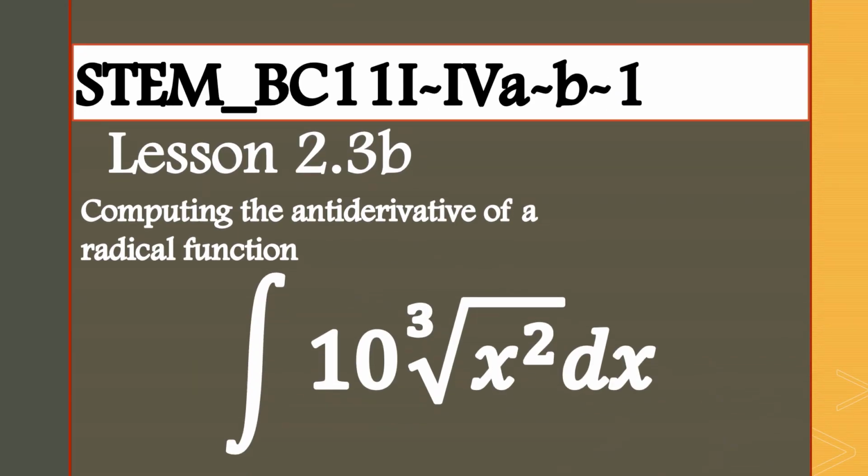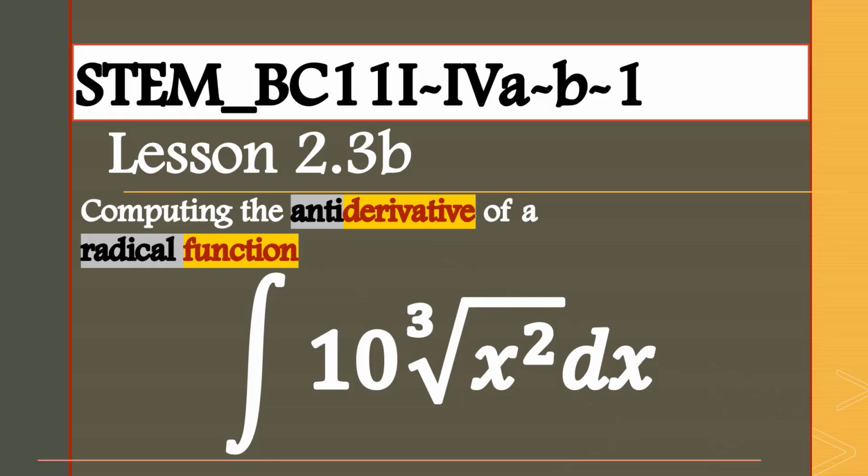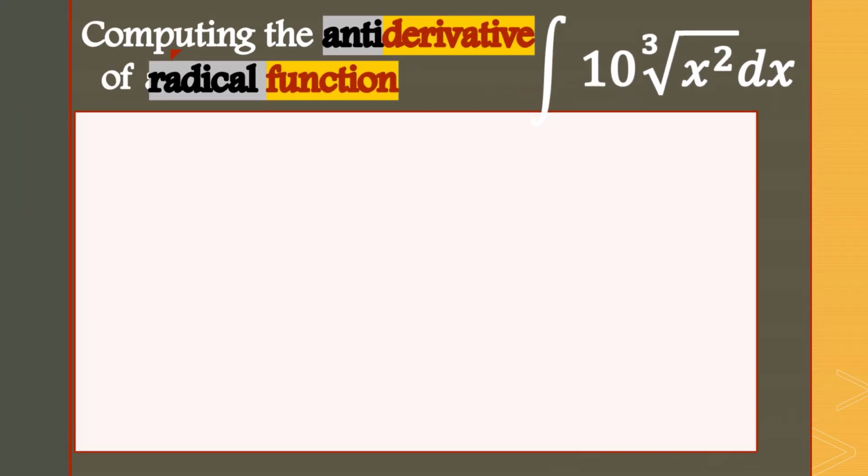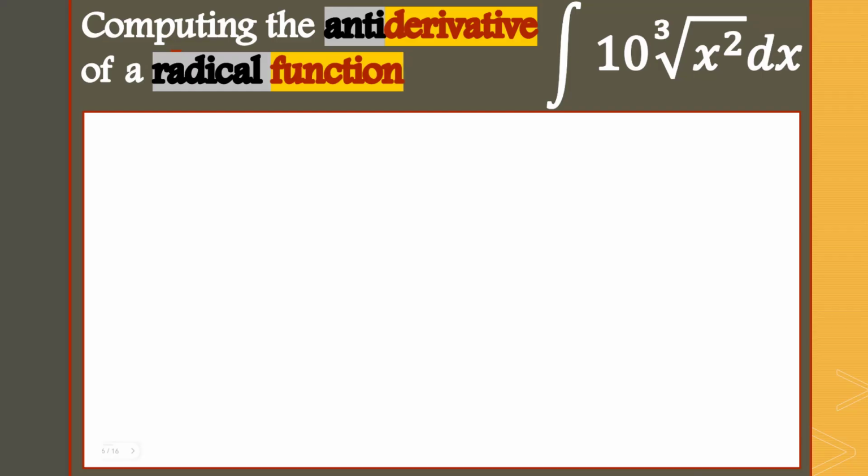Let's compute the antiderivative of a radical function. So we have here another radical function, and this is discussed together with the previously discussed rules, because this time we can use the power rule.